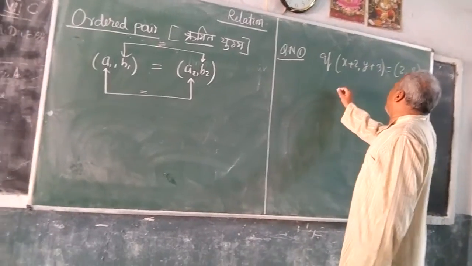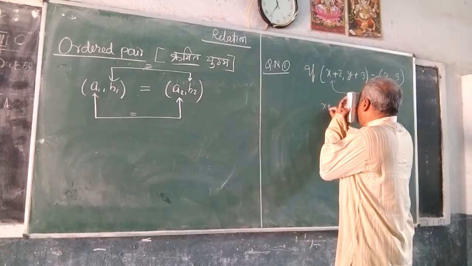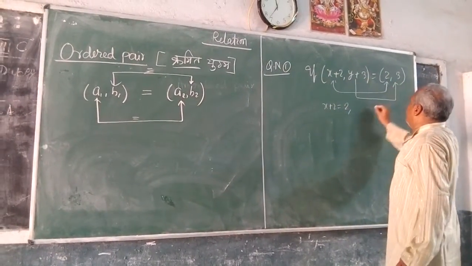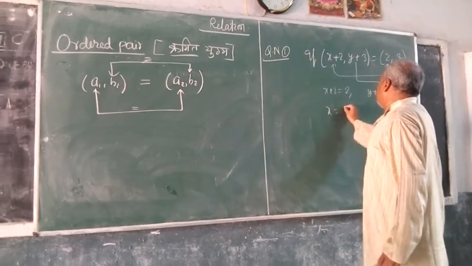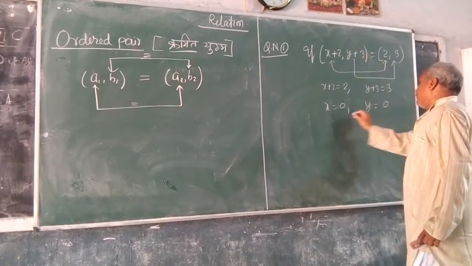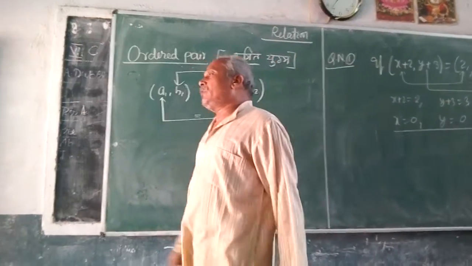See here, this will be equal to this: x plus 2 equals 2 and y plus 3 equals 3. Then x equals 0 and y equals 0. This is the solution, you can say.